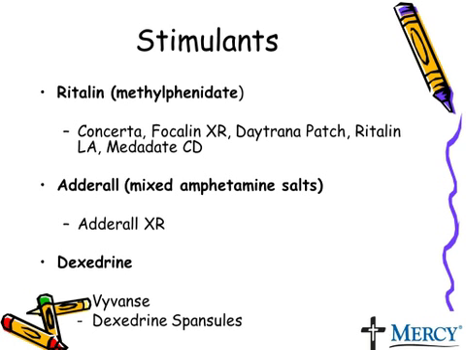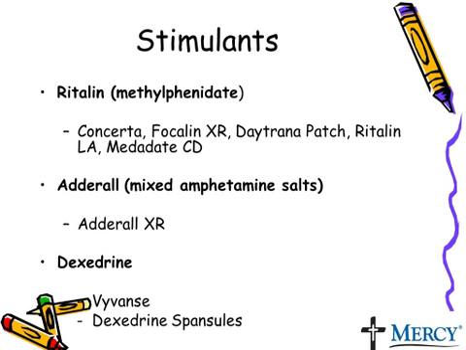First of all, I want to talk a little about the stimulant medications. The stimulants are the medications that have been around the longest, some of them up to 40 to 50 years at this point. And they're also the medications that are the most effective. If you use more than one medication, if one doesn't work and you try another one, the effectiveness rate is somewhere between 80 and 90%.